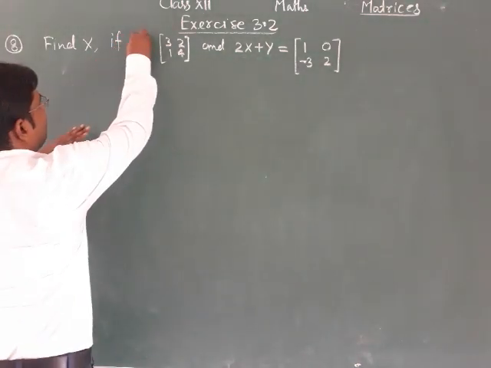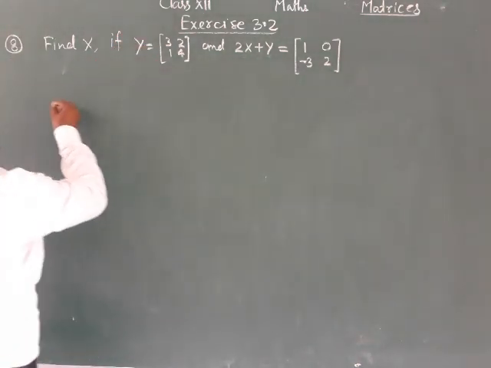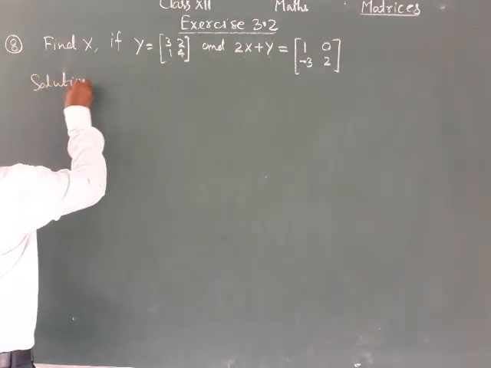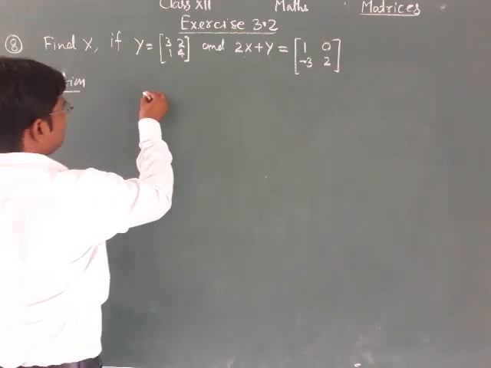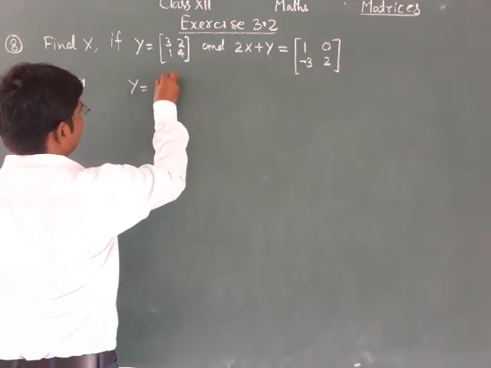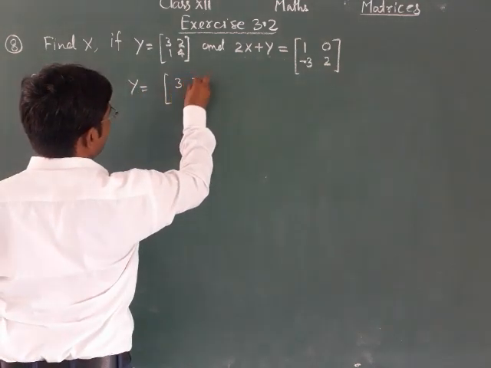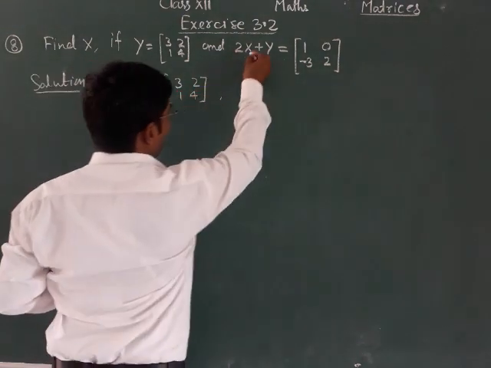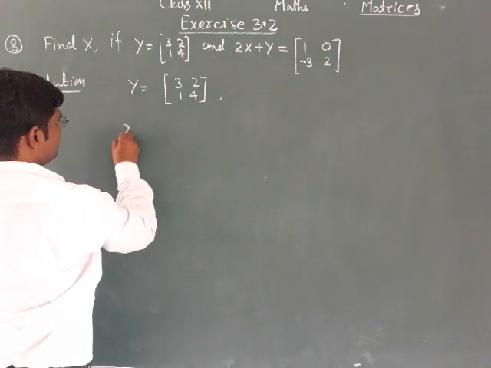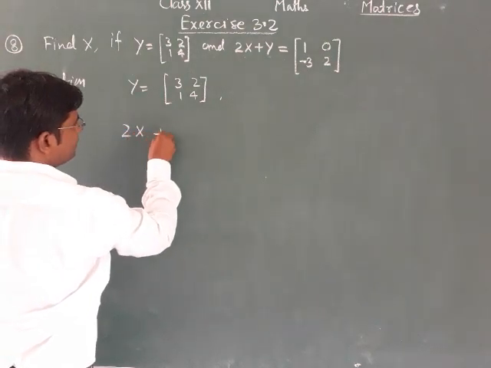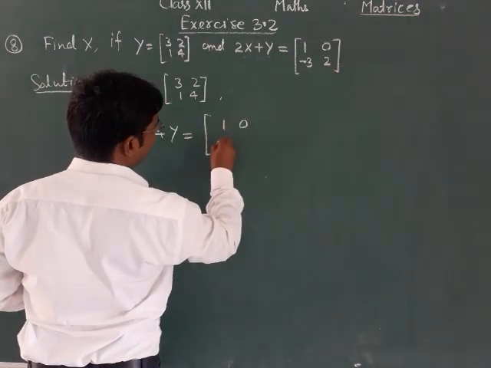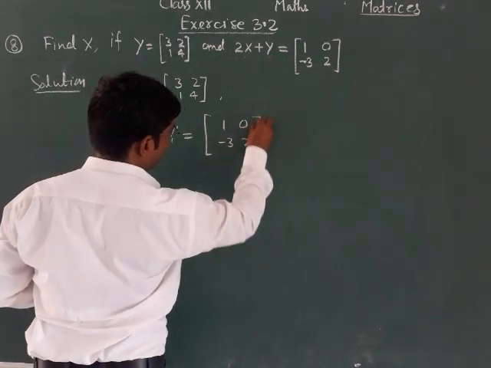Now the solution of this question. Given matrix y is equal to [3, 2; 1, 4] and 2x plus y is equal to [1, 0; -3, 2].